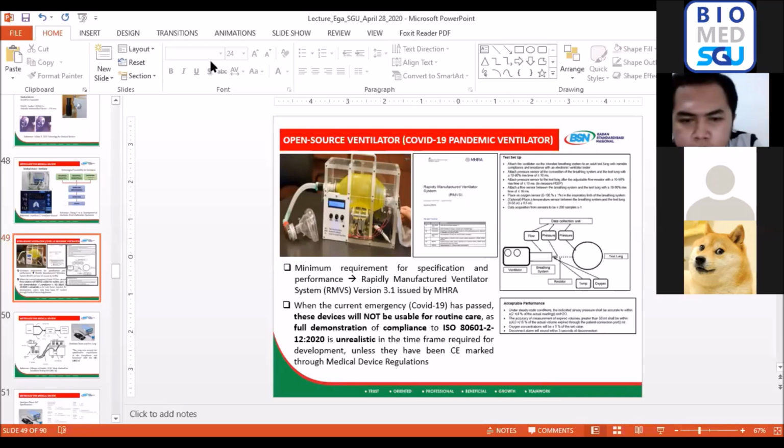To speed up the process now, as Pak Ega mentioned, recently BPFK just appointed several private laboratories to help test university-made ventilators so that they can comply with this document, so that those ventilators can be immediately put into the clinical implementation.